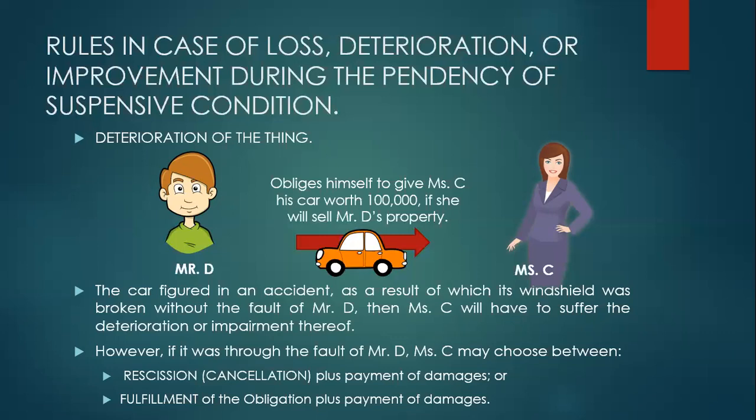In this case, Mr. D is liable to pay Miss C 100,000, the value of the car before its deterioration, plus incidental damages, if any. Or if Miss C does not want to cancel the obligation, then she may choose the fulfillment of the obligation, also with the payment of damages.